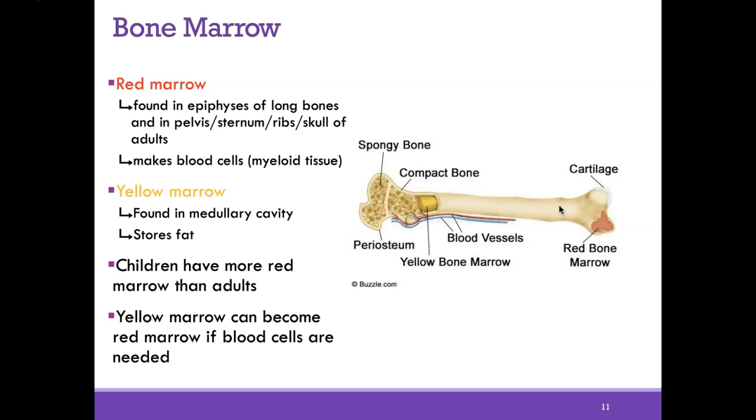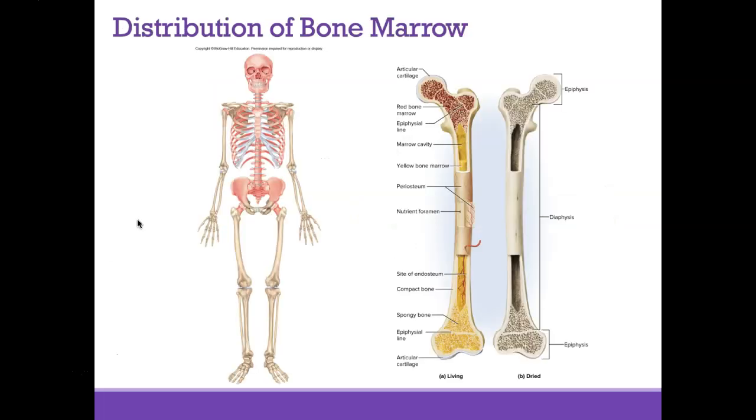Interestingly, yellow marrow can become red bone marrow if more blood cells are needed for hematopoiesis. So in this picture, we can see the distribution of bone marrow in adults.